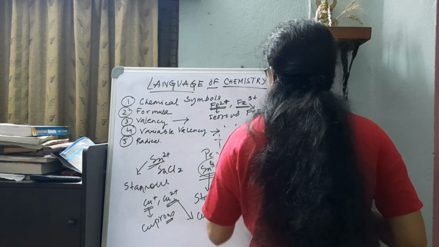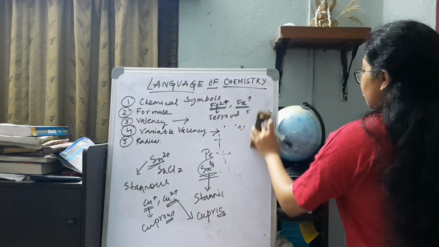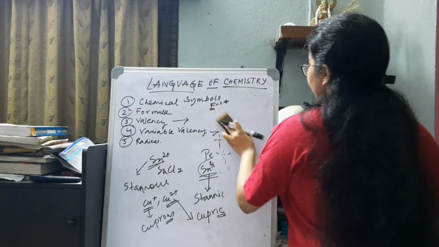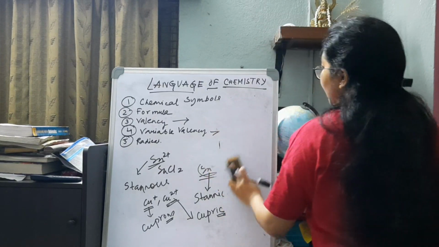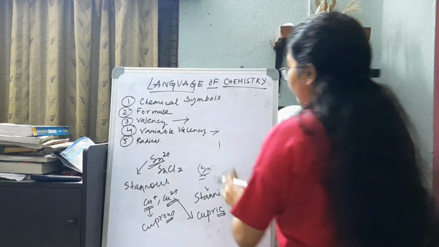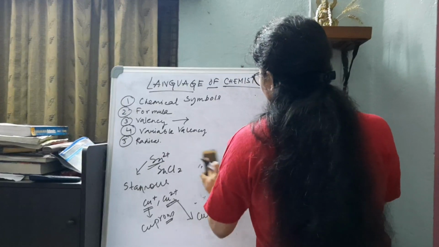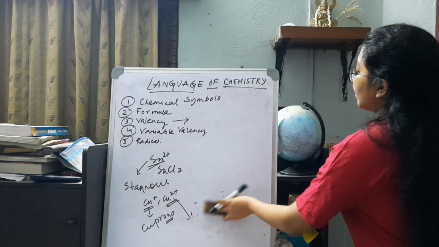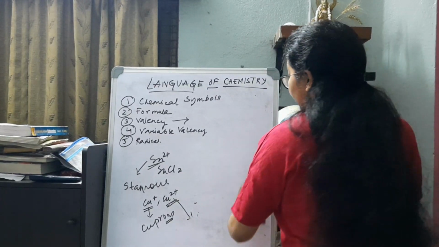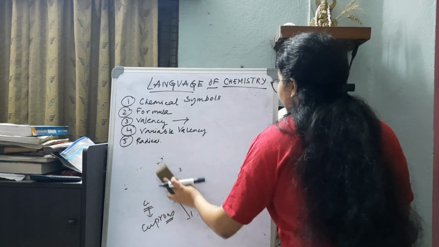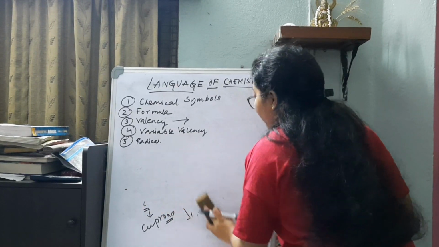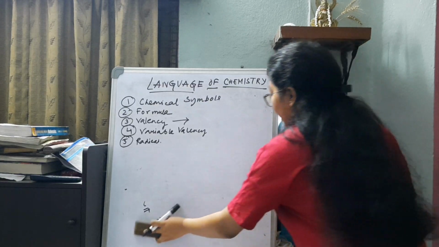Now what are radicals? Moving forward to the next topic, what is a radical? A radical is basically an atom, or a group of atoms of the same or different elements, provided it is associated with a positive or a negative charge.